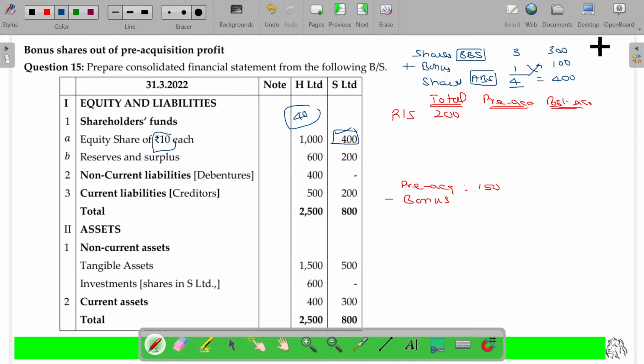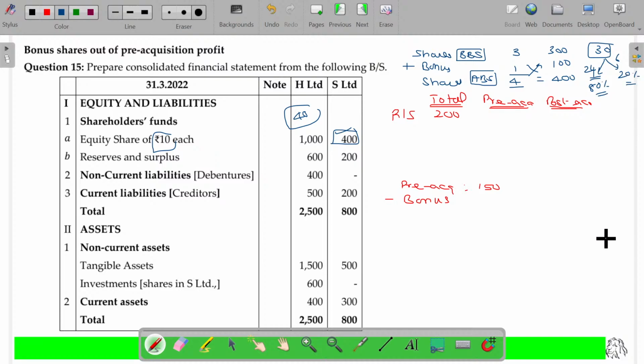It means originally they have how many shares? 30 shares only in the beginning. In that 30, holding company holds 24 shares, minority interest holds only 6. It means 80% held by holding company, 20% held by minority interest.